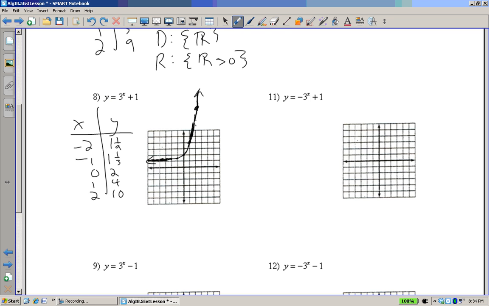All right, and so the asymptote here is going to be at y equals 1. The domain will still be all real numbers. The range will be all real numbers greater than 1.